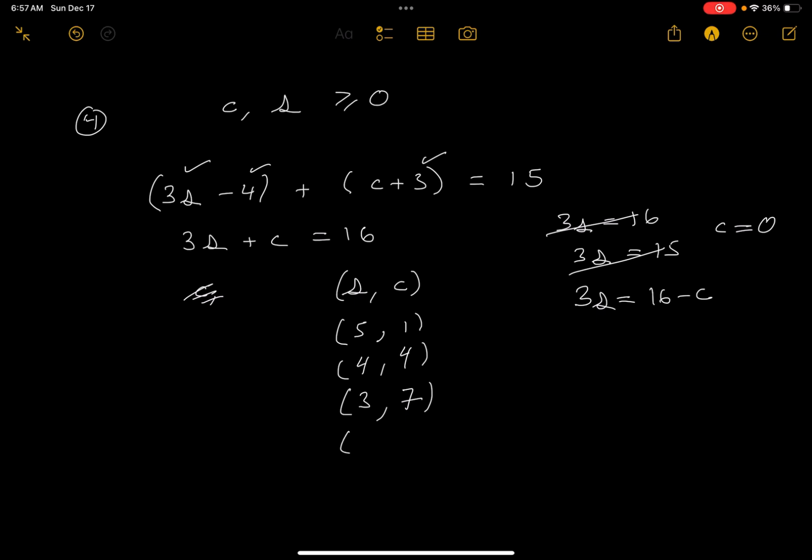All right, let's keep going. These are the possibilities, by the way. Let's see, 8, not going to work because 16 minus 8 is 8. 3 doesn't go into 8. Let's go to 9. That would give you 7. That's not working. Now, if I went to 10, I'd get 6, and that certainly works. So 10 would work. 16 minus 10 is 6.